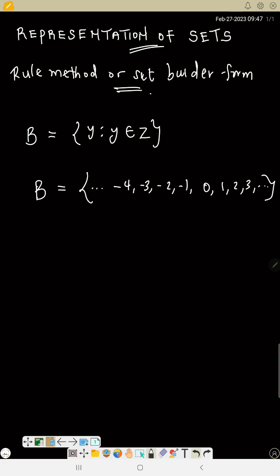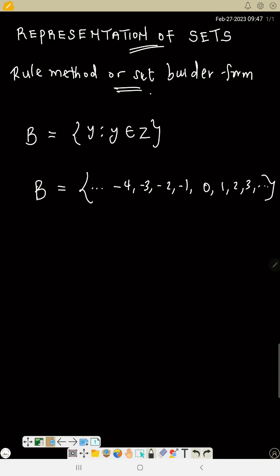An integer cannot be a fraction. Go and watch types of numbers. That is how you can represent a set in the second way, rule method or set builder method. You need to know how to build a set out of all this.